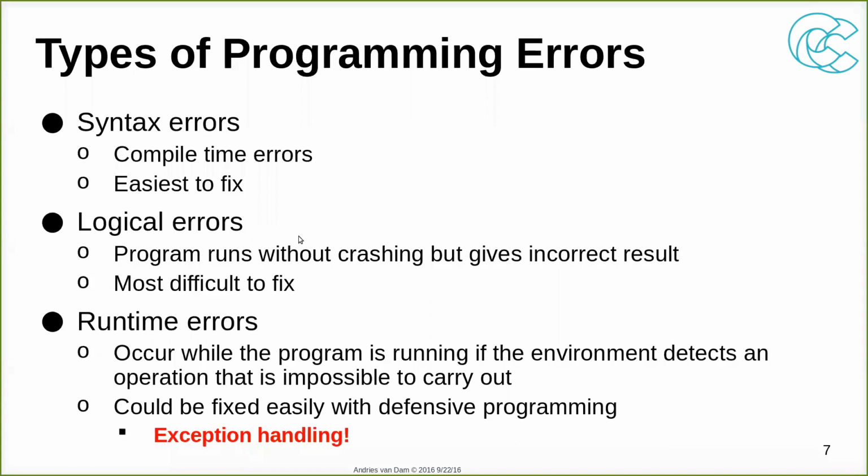In a logical error, you get incorrect results, either for all the cases or for some cases, some corner cases. In runtime errors, it will result in a crash. So a logical error doesn't result in a crash of the application, but this one results in a crash, right?